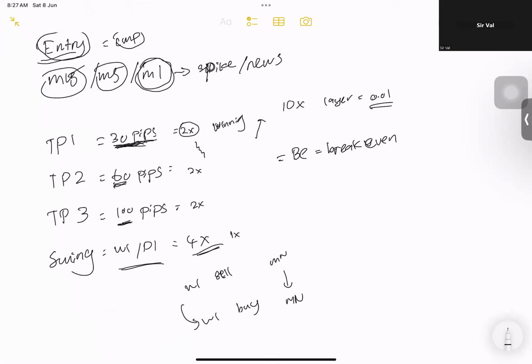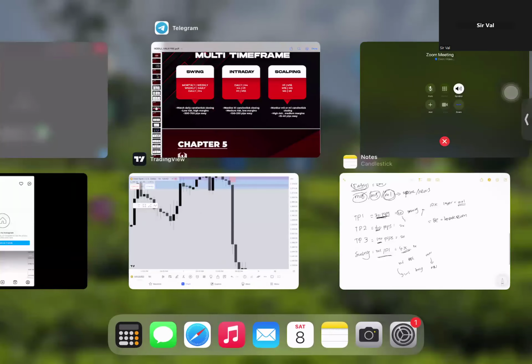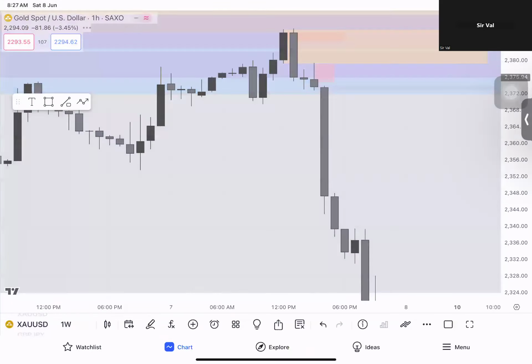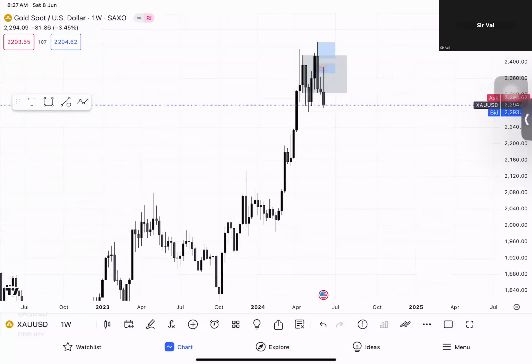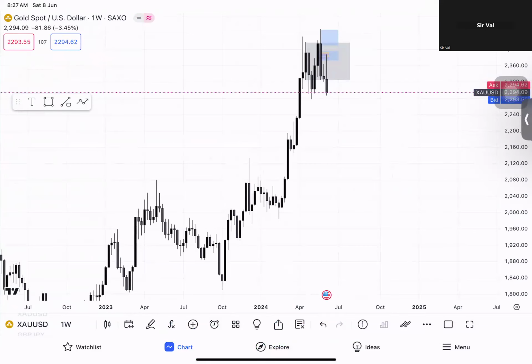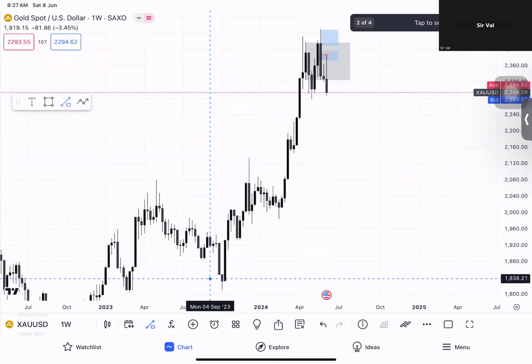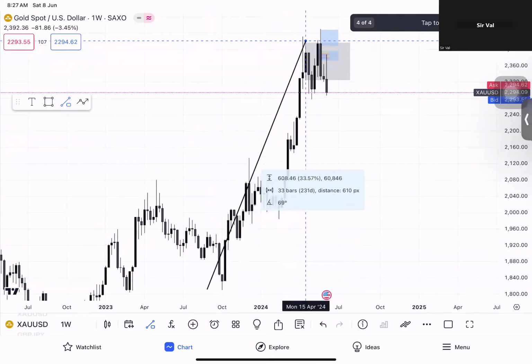So how I got 6,000 pips from 1 entry. Why did I TP here? Because my entry was around 1815, and from the news until here it was 6,000.